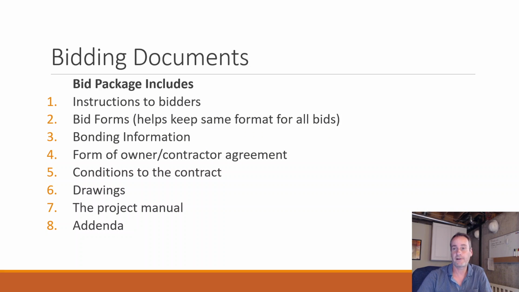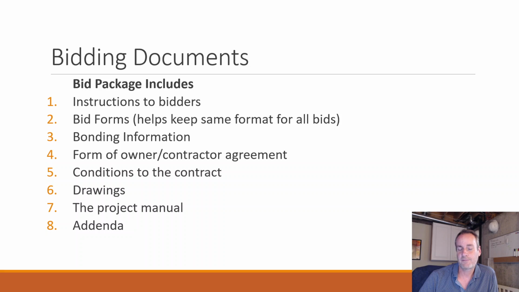So when you're putting together a bidding package, meaning what you're going to give the people who are interested in providing a bid, right? What are you going to give them so they can create their bid? What do they need? Well, they need instructions, like what's the process going to look like? When are things due? There's going to be bid forms.